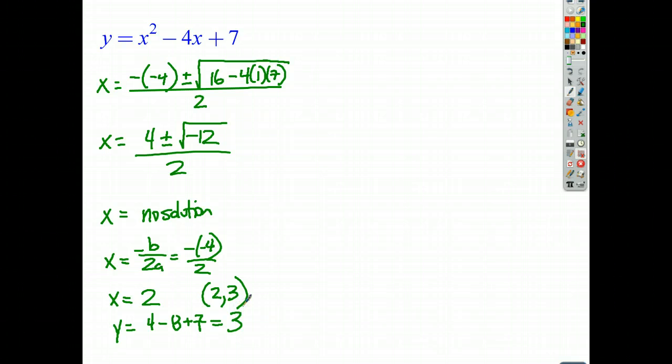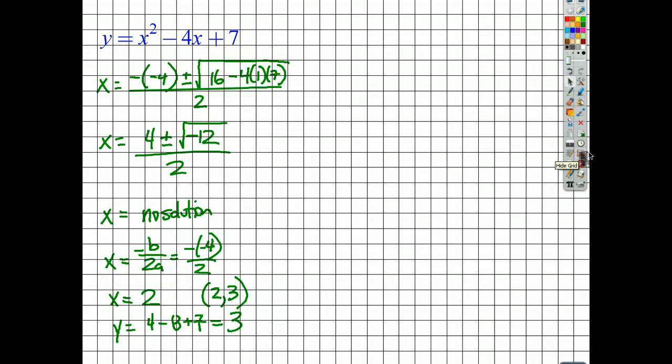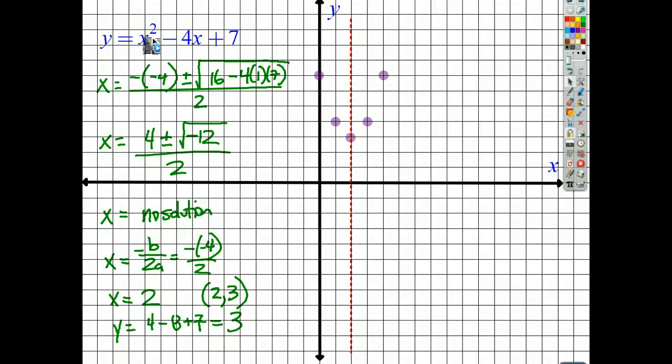All right, well, let's think about this. If the vertex is 2, 3, and this has a, right, a is positive 1, which means it points up. Then the graph is going to look something like this.